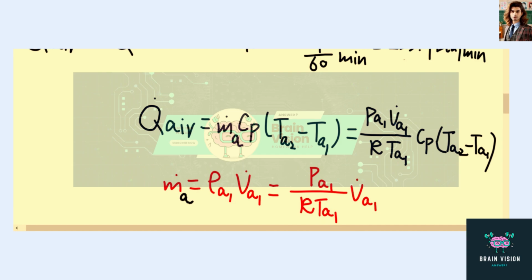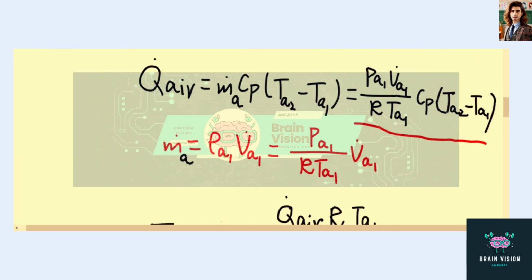Rho a1 is the density of air at the inlet, V dot a1 is the inlet volume flow rate, and the density can be expressed as Pa1 over R Ta1. Pa1 is the inlet pressure of the air, R is the gas constant of the air, and Ta1 is the initial temperature of the air.